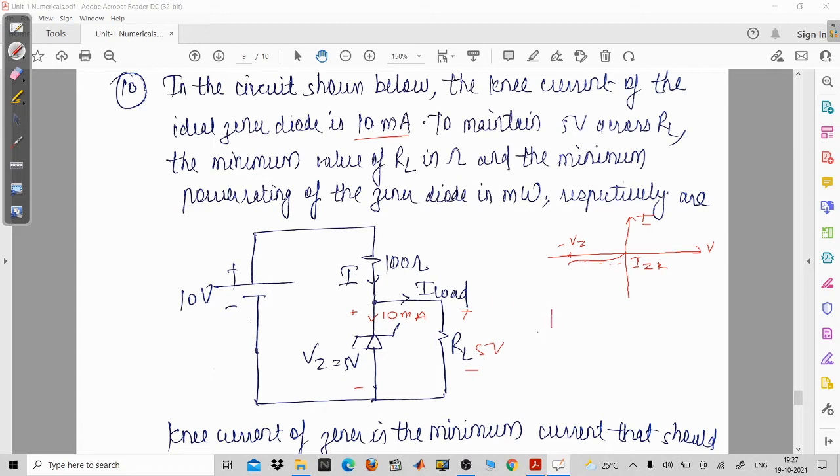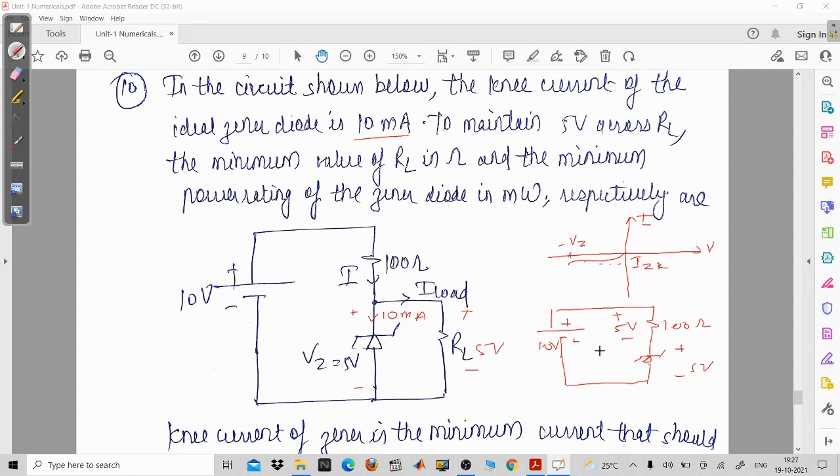You can see you have this 10 volt source, then this resistance of 100 ohm, and the Zener diode of 5 volt. If this value is 10 volt and this value is 5 volt, it means that 5 volt is going to appear across your 100 ohm resistance.